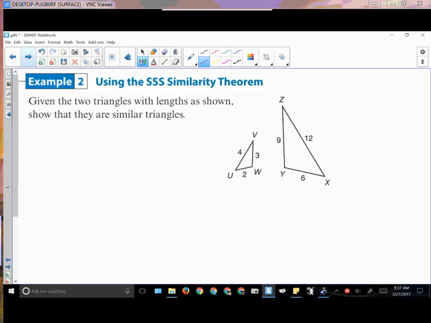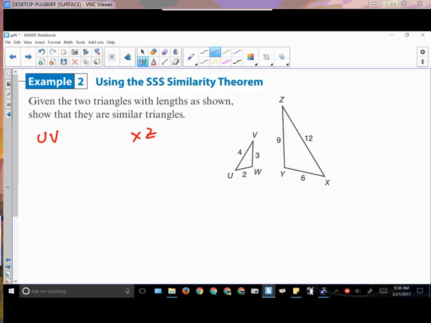Okay. So, first thing I want to identify is which side would go with which. UX. Okay, so we identify the vertices. Good. So that means that UV would go with what? Okay. UV would go to, wouldn't that go to XZ?